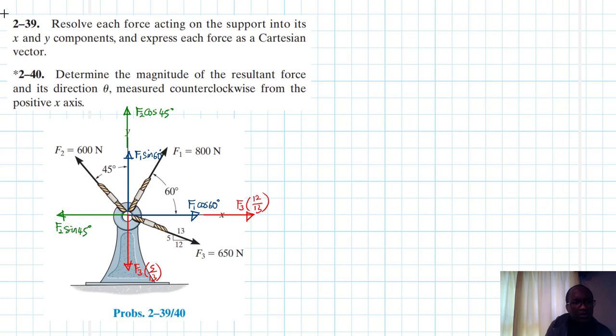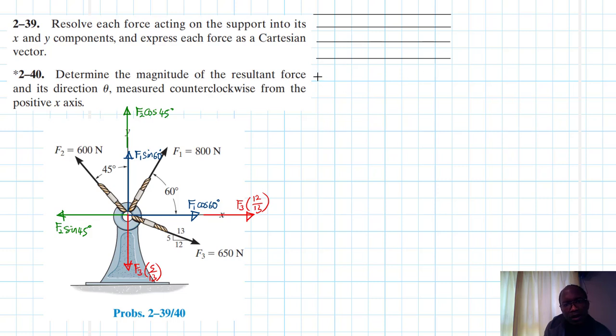So quickly, let's draw a table. There we go. How many more rows? We have 1, 2, 3, 4, and the last one, which is the resultant.